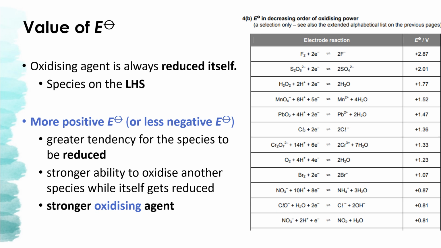Because remember at the start of this lecture, I said the more positive the E value, the more favorable the reduction process is. Okay, so if you have a more positive E value, it means that the species that appears on the left hand side is more readily reduced, and therefore it will be a strong oxidizing agent.